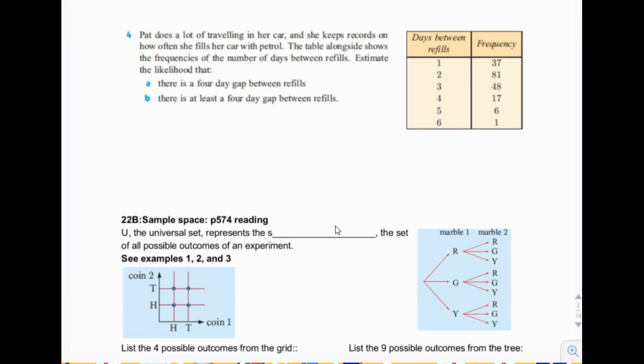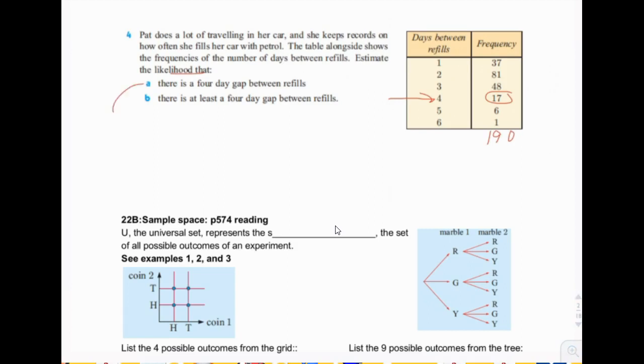So, what's the likelihood that there are 4 days between refills? That happens 17 times out of, we don't know, we've got to add them up again. 37, 81, 48, 17, 6, and 1. Okay, so 190 total refills. 17 of those times there were 4 days in between.